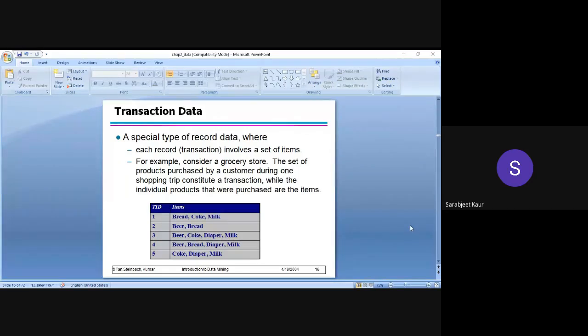I specifically said that this kind of database is generally very high dimensional, so we only store the non-zero entries, and therefore we generally use sparse data structures for this kind of data.